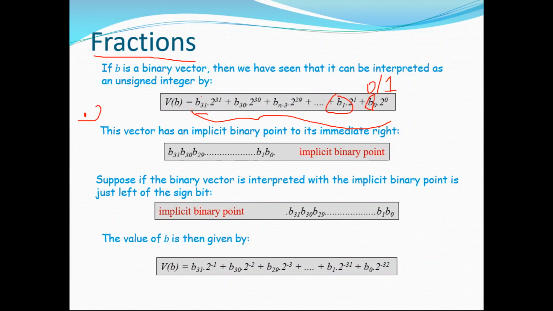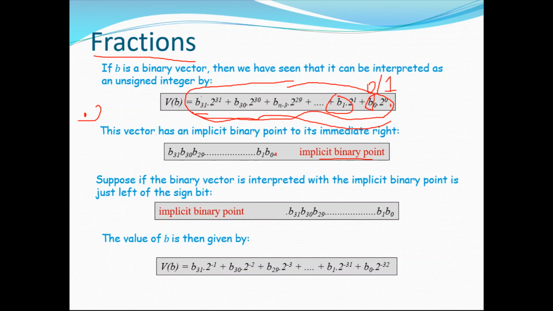In a normal number also, there is actually an implicit binary point at the right end, which means after that there is nothing, or it is 0, so it is considered a whole number.